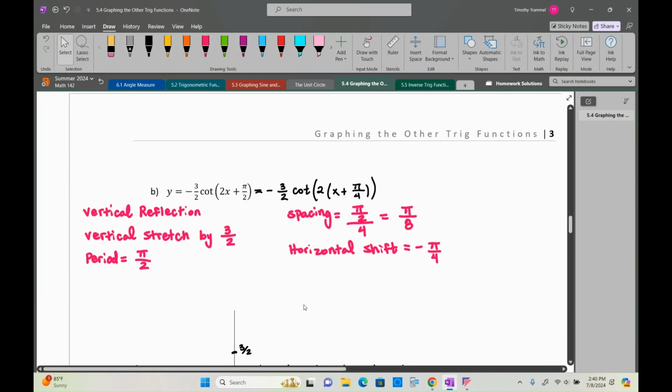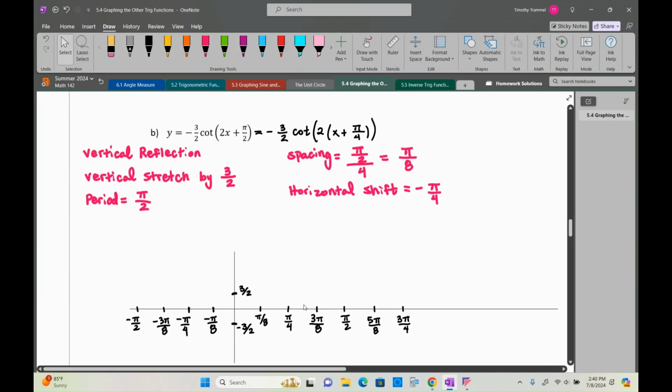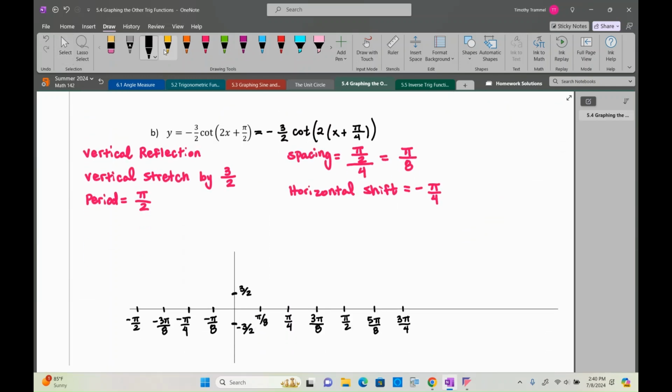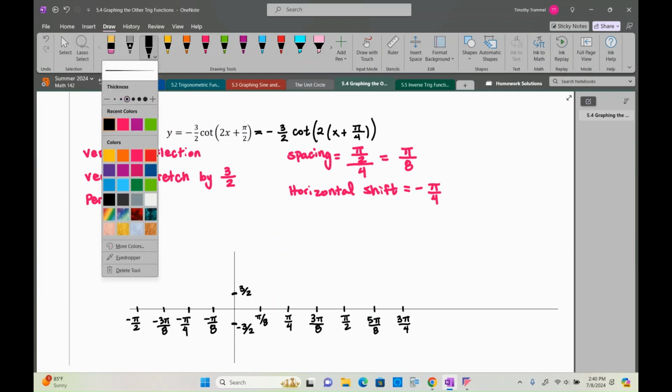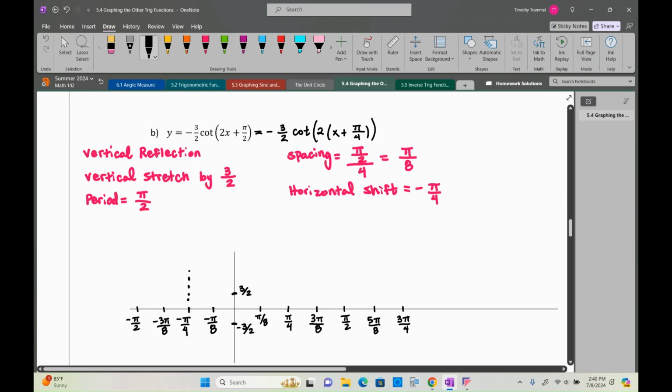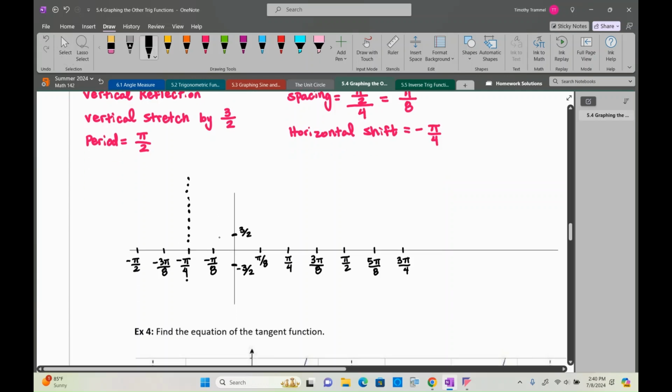We had that horizontal shift by minus pi over 4. So I'm going to have a vertical asymptote right here. Again, it would have been at x equals 0 if it wasn't for the horizontal shift. There we go.